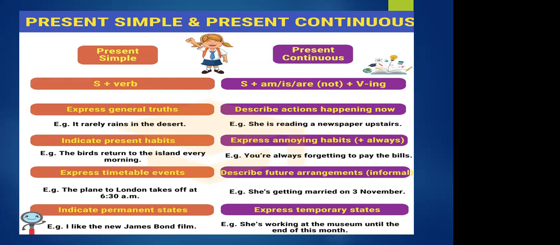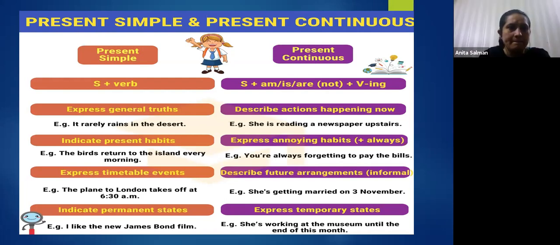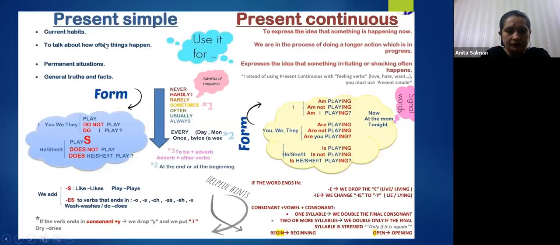Now see the next slide, right? Here there is a comparison again of simple present tense and present continuous tense, right? Current habits, to talk about how often things happen, permanent situations, and general truths and facts, that we have already discussed here.